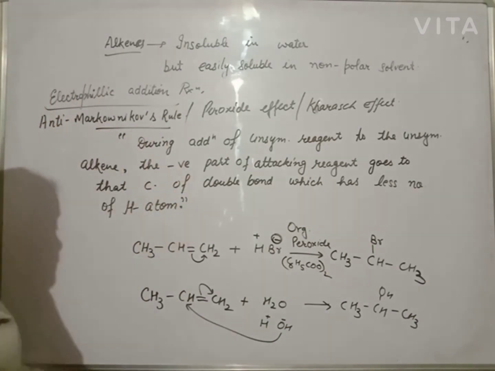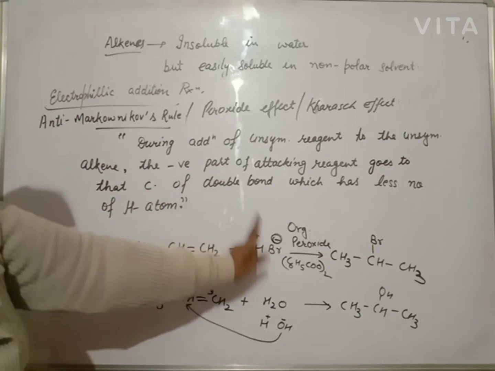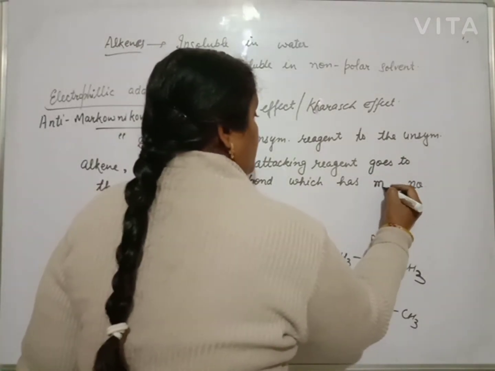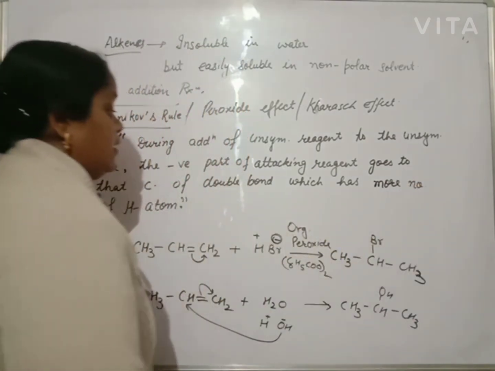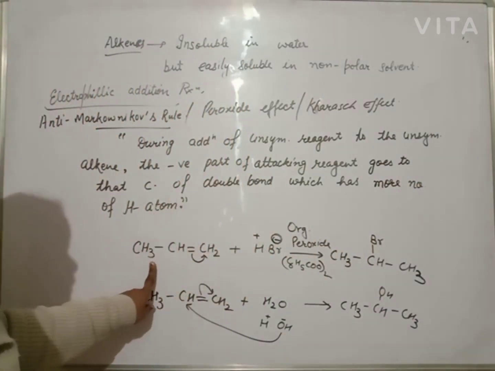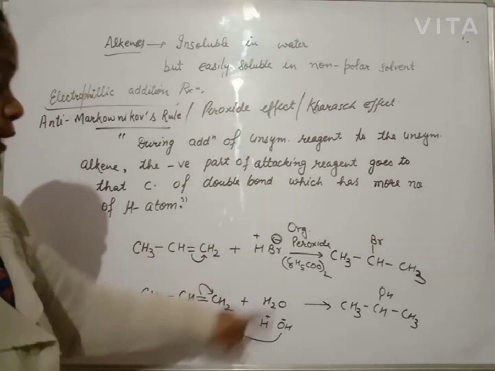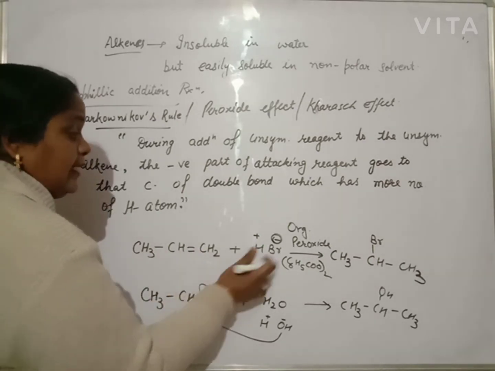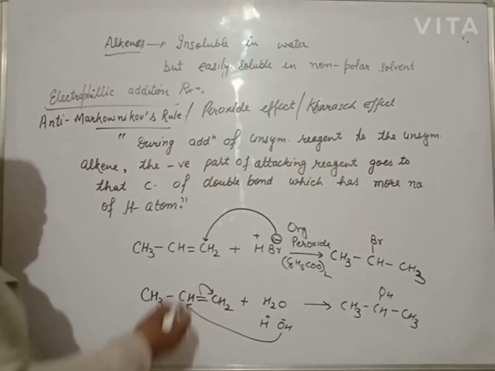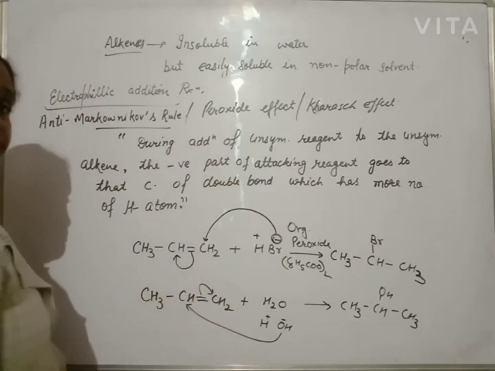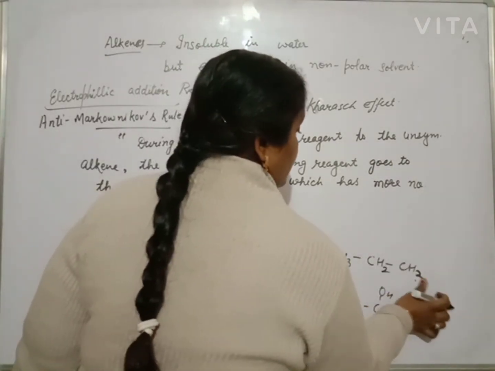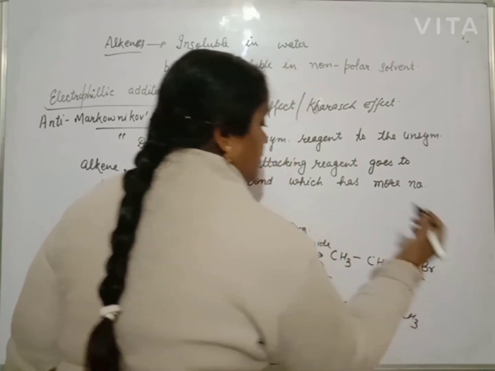Anti-Markovnikov is opposite to Markovnikov. The whole definition is the same, but in place of fewer we have more hydrogen atoms. During addition of an unsymmetrical reagent to an unsymmetrical alkene, the negative part of the attacking reagent goes to that carbon of the double bond which has more hydrogen atoms. That means electron shift here, and we will get 1-bromopropane.